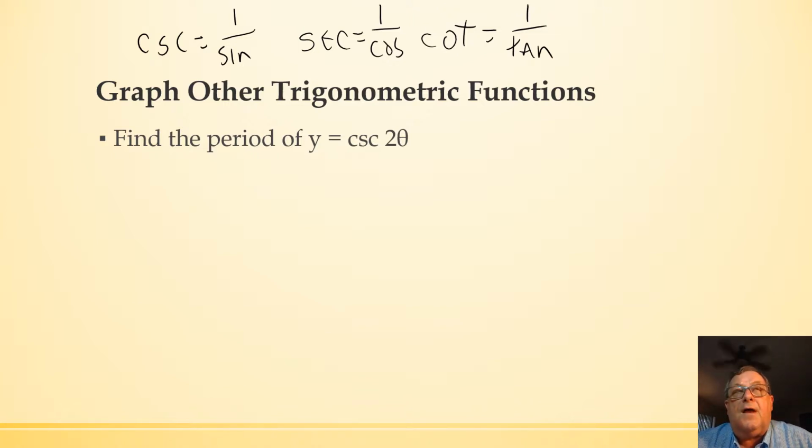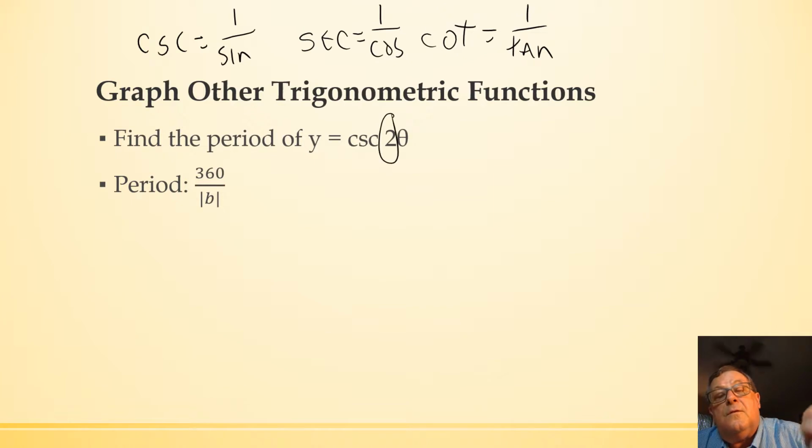Now, the period of the sine function was 360 degrees. So the period for a cosecant function is 360 degrees divided by the absolute value of b. And of course, in this case, b is equal to 2. Remember our basic format in this.